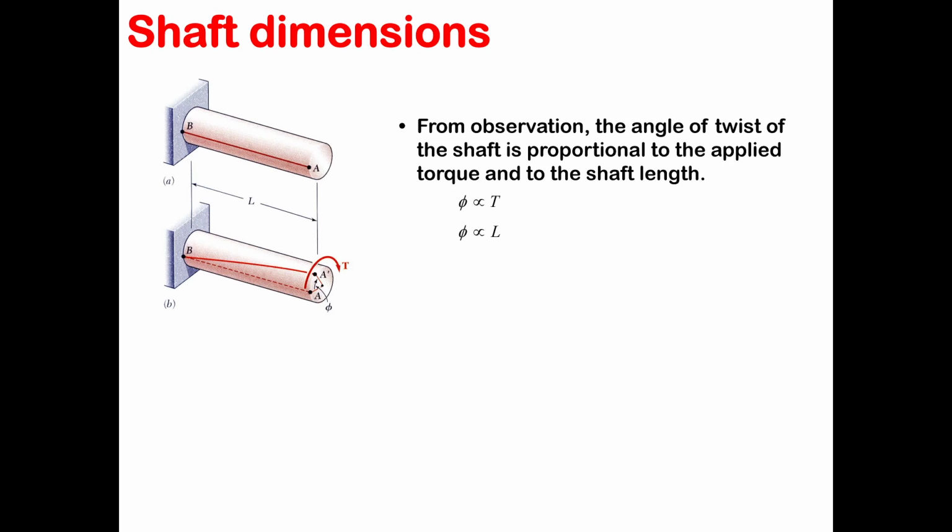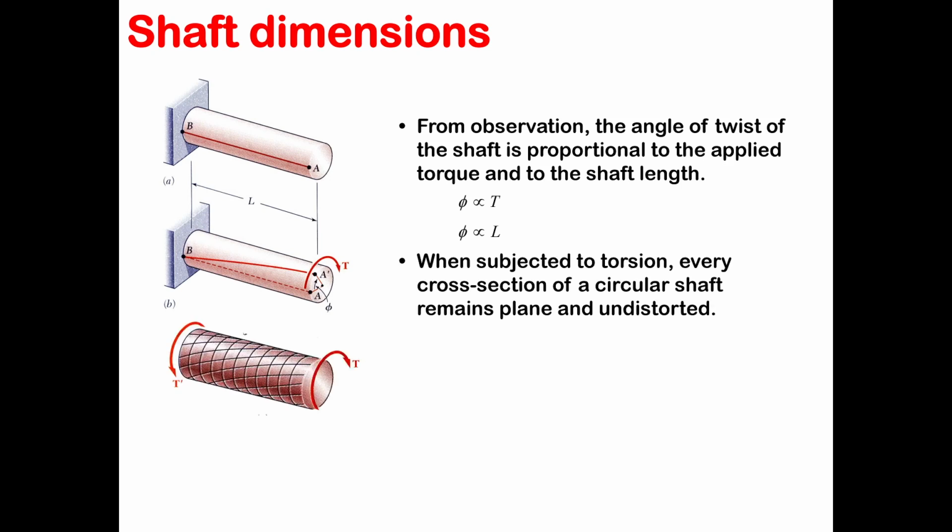So from the observation you can have here, you can see that the angle of twist is going to be related to the torque you are applying, which is something that you can figure out on your own. If you apply more torque on a shaft, it will twist a little more, and it's also definitely dependent on the length of the shaft.